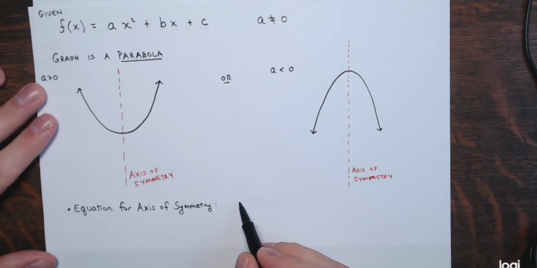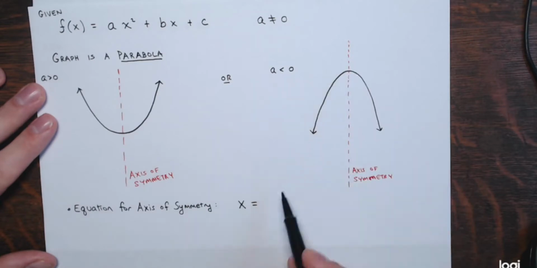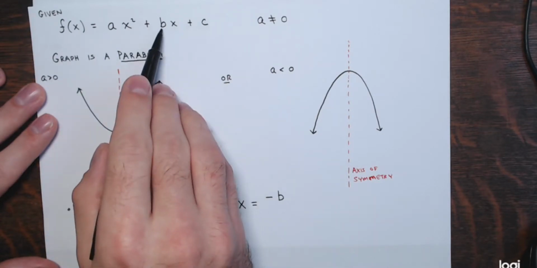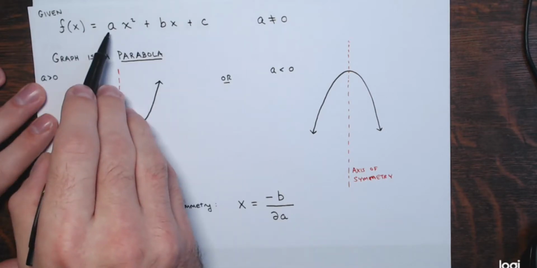It'll be x equals some number. Remember a vertical line has an equation of x equals a number. The x coordinate's always the same on a vertical line. And it's x equals the opposite of b, which is the linear coefficient, divided by 2 times a, where a is the quadratic coefficient.